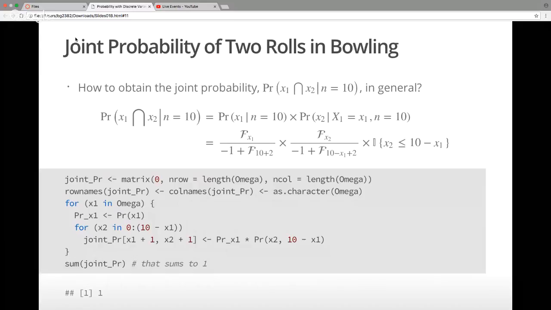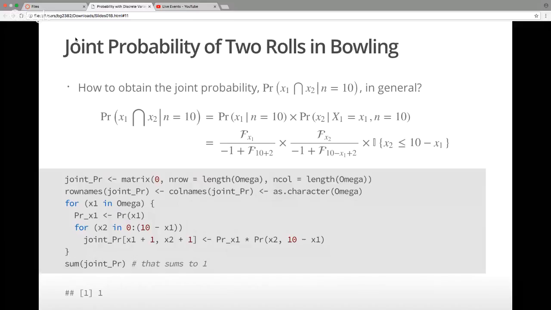And then we loop from 0 to 10 minus x1 and evaluate the probability of knocking down x2 pins, given that there's 10 minus x1 pins remaining. We multiply that by the probability of knocking down x1 pins on the first roll originally, and we stick that in the appropriate element of our 11 by 11 table.